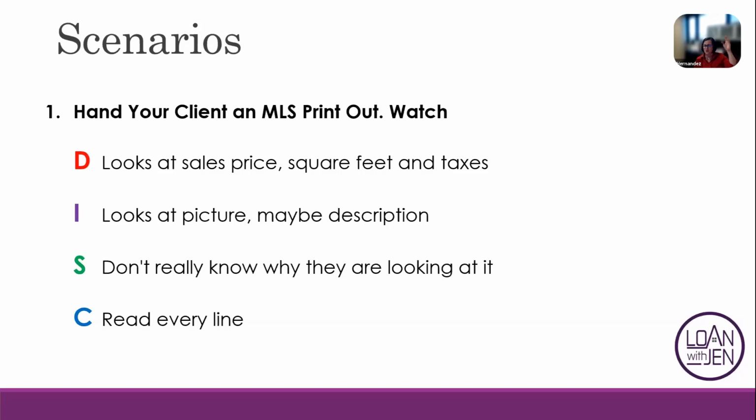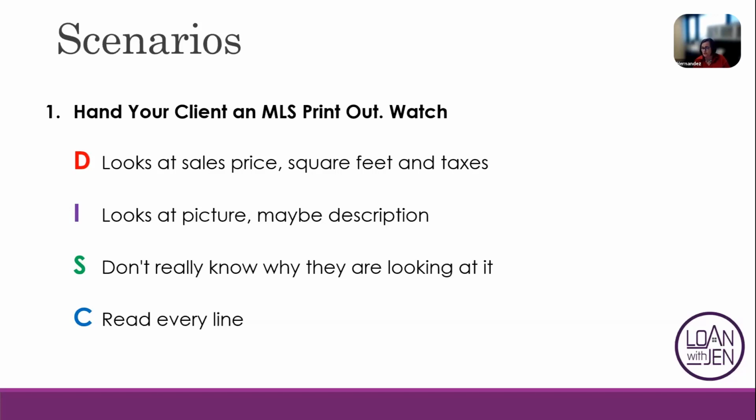They don't want a lot of detail. They're like, give me the 2 or 3 things, that's all I need. The I looks at the picture. Oh my God, the backyard. This living room is so large. Oh my gosh, it's got the big bay windows, that kind of thing. The S's don't really know what they're looking at.